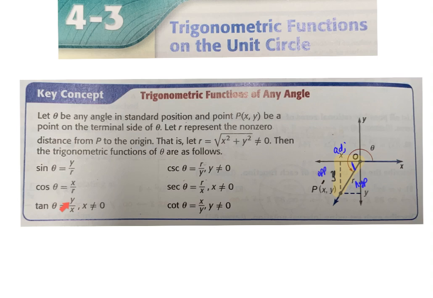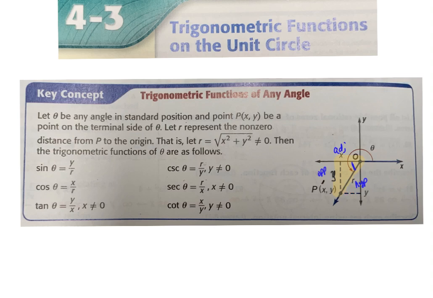And then, of course, we know reciprocals: cosecant is r over y, secant is r over x, and cotangent is x over y. This works anywhere on the coordinate plane.